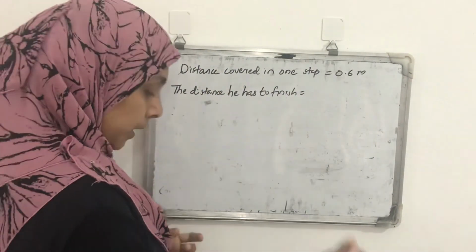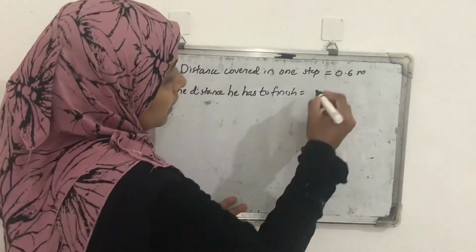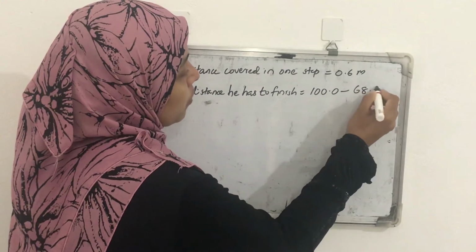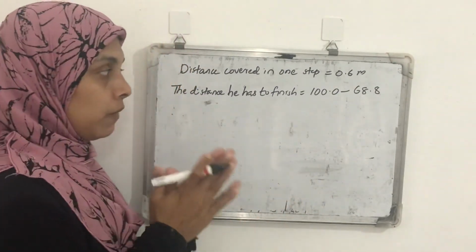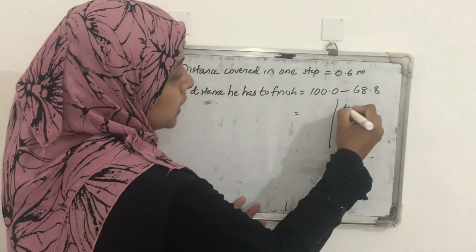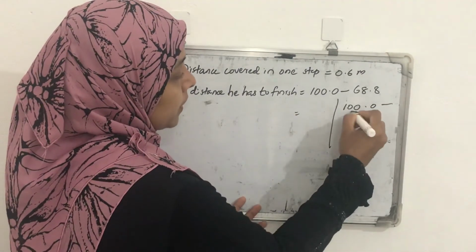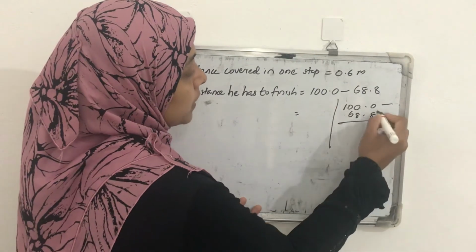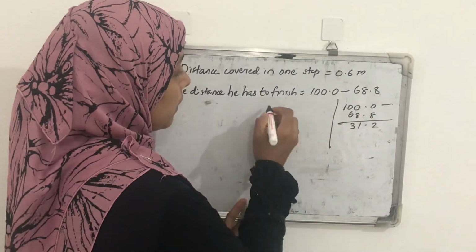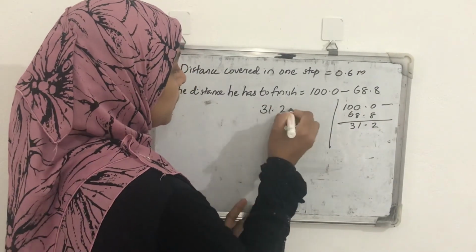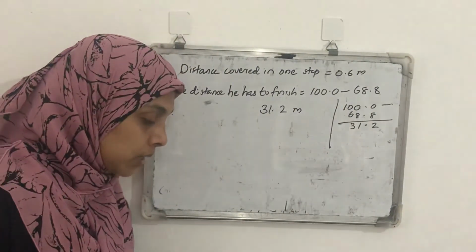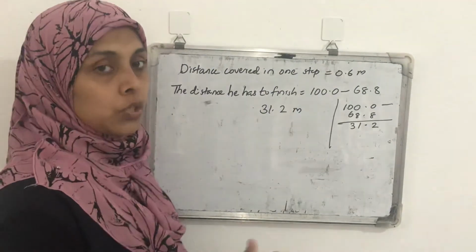From 100 meter we subtract 68.8, because he fell down at a distance of 68.8 meter. By subtracting we get the answer, 31.2 meter. He has to finish 31.2 meter. But here it asks how many steps remain.